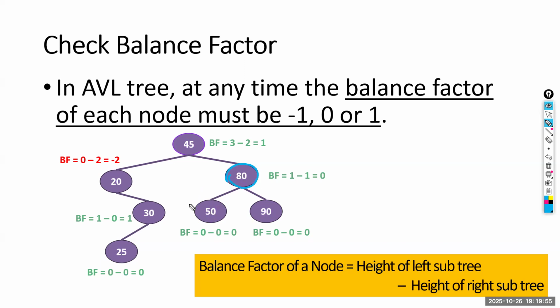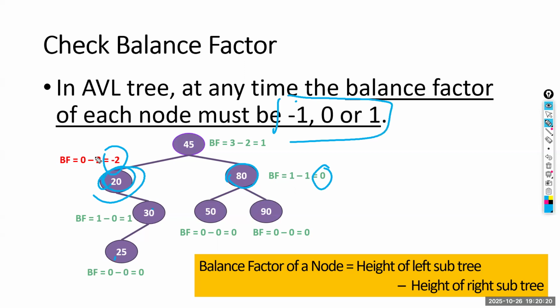You know what height is, right? We discussed that last week. And here 1, 1 minus 1 is 0, no issue. But here you can see the height of the left subtree is 0 because there are no children. But the height of the right subtree is 1, 2. So 0 minus 2 is -2. -2 is outside this range. So that means this has violated.